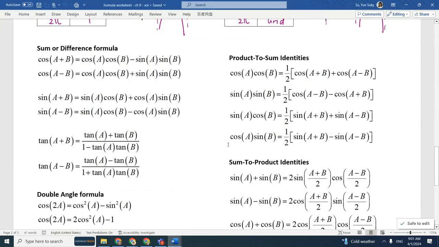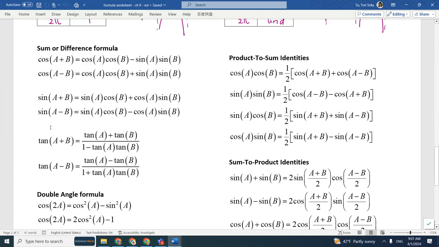Everybody, you have the chapter 9 formula sheets, right? We're going to use all these formulas, and you don't need to memorize them, you just need to know how to use them. Last time we talked about the sum and difference formulas for cosine, sine, and tangent.